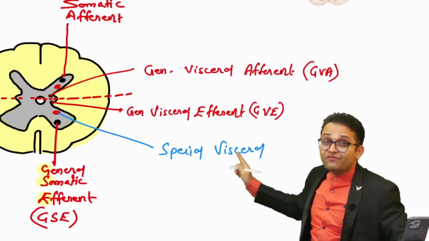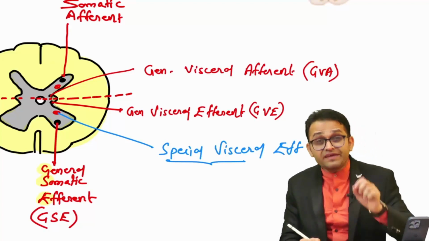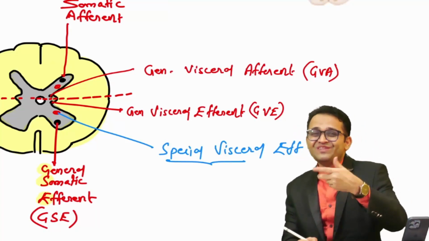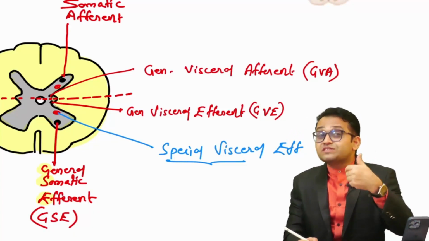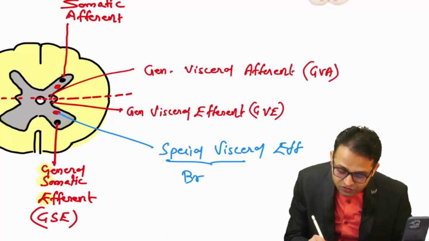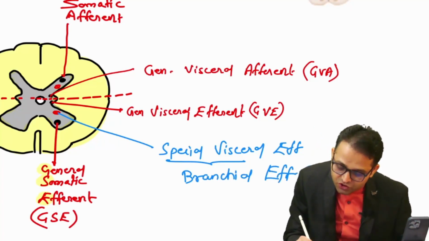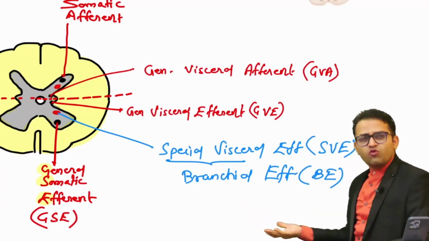Pharyngeal apparatus is special viscera. In the fishes, in the gills, this pharyngeal apparatus is better known as the branchial apparatus. So we are using the term branchial efferent. In short, BE, also you can say SVE. I think there is no problem.